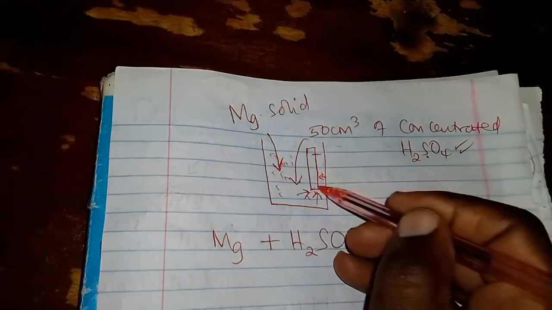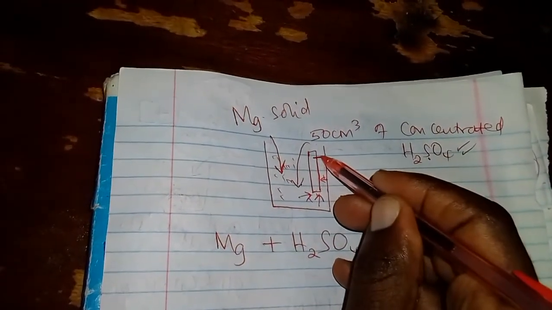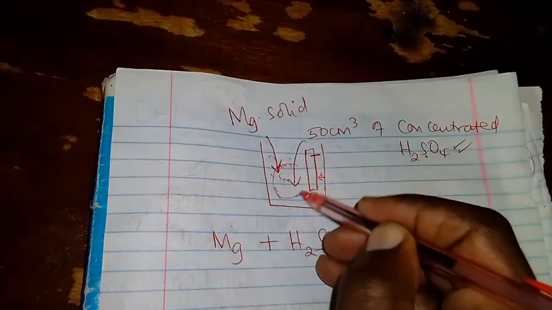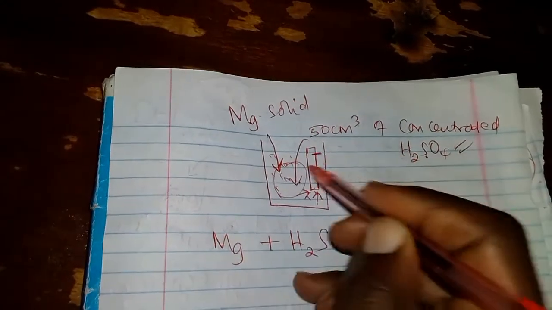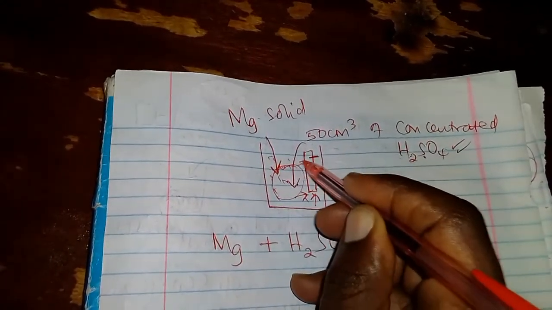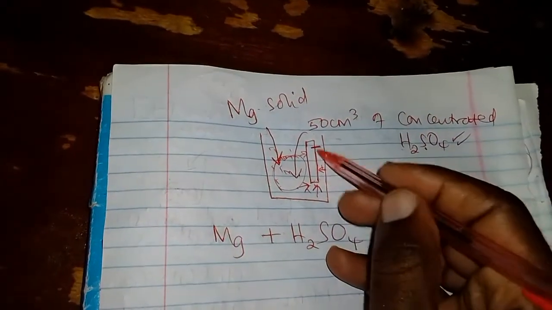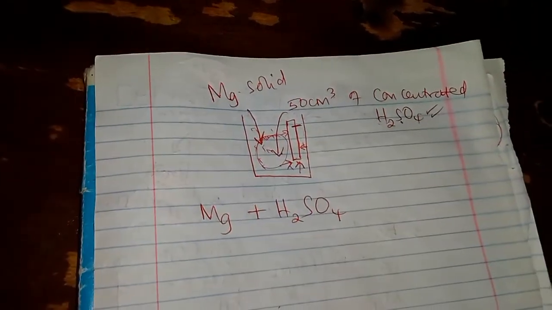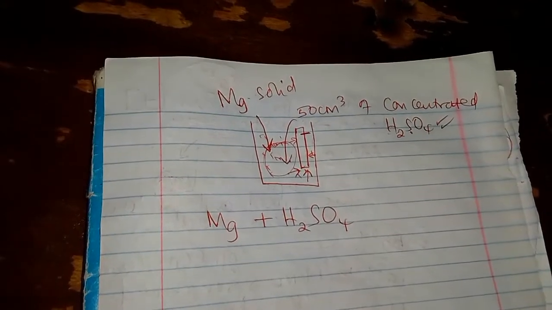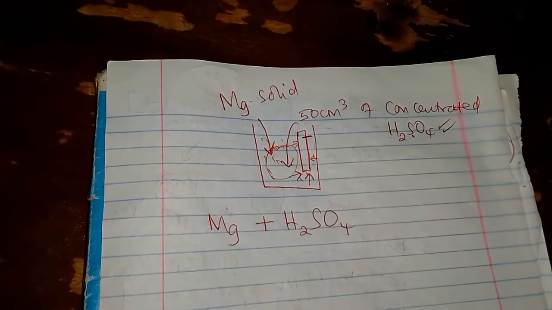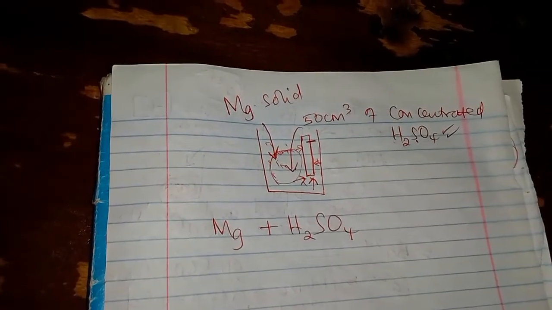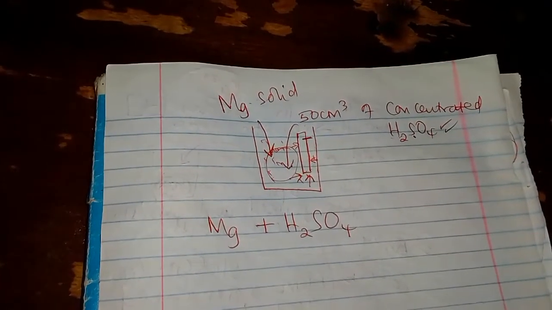When the reading on the thermometer rises, that means the reactants forming a system end up giving heat to the environment, and that makes the reading on the thermometer rise, to show that the reaction is exothermic.